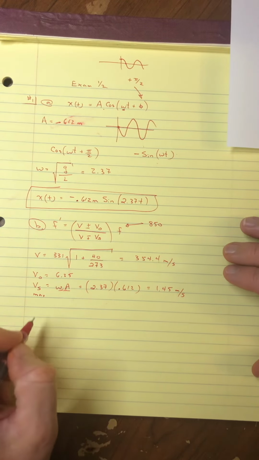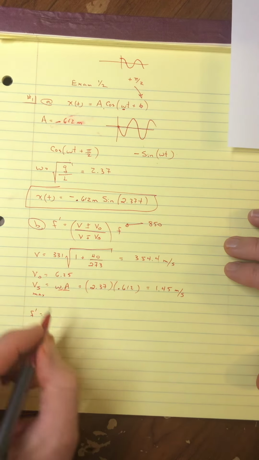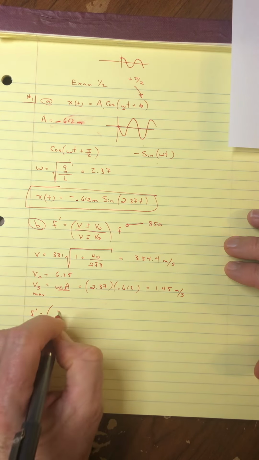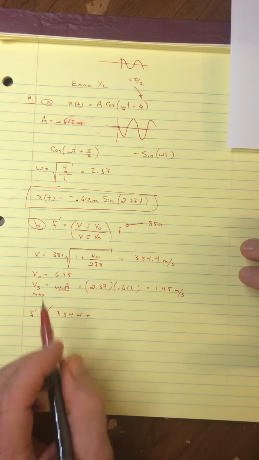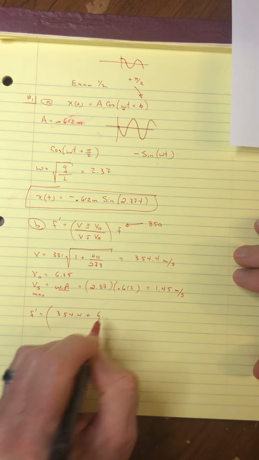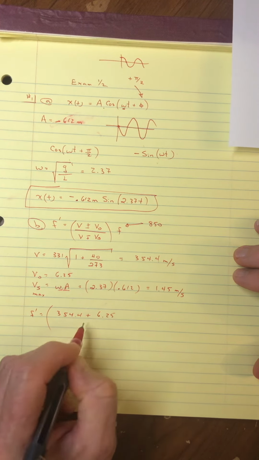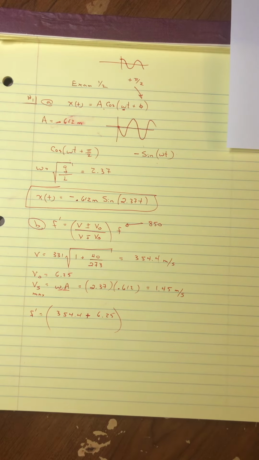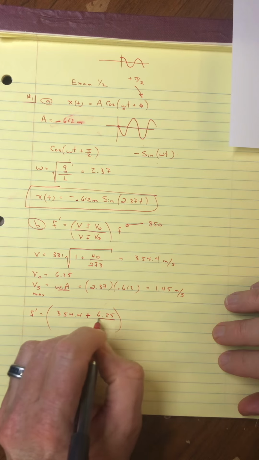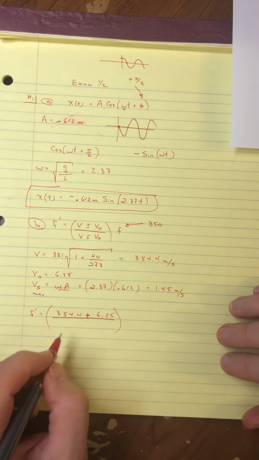So I guess our two calculations would look something like this. The top would always be 354.4, and the observer would always be 6.25, and would always be going towards the source. So that's going to be just a plus sign. What changes direction is the source of the sound.